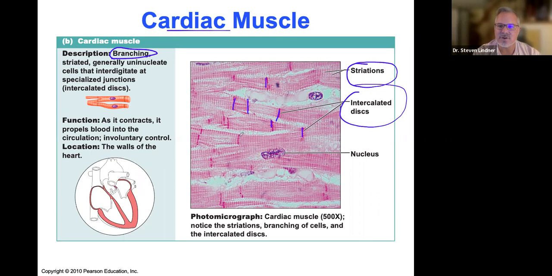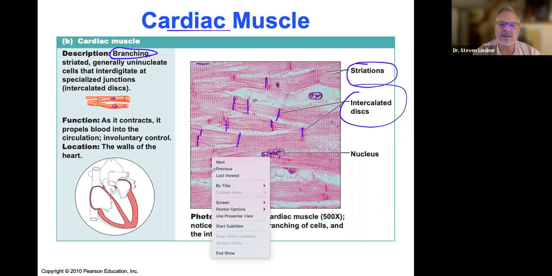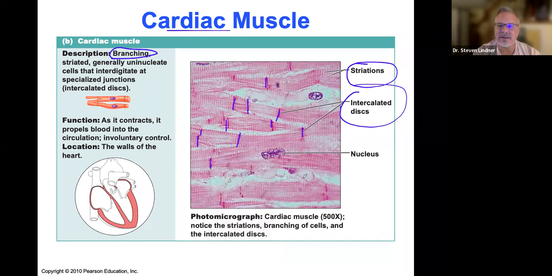Gap junctions are used for very fast, rapid forms of communication. We do not see these intercalated discs in skeletal muscle. They're only found in cardiac muscle. And again, we could see that it is highly branched, unlike skeletal muscle.